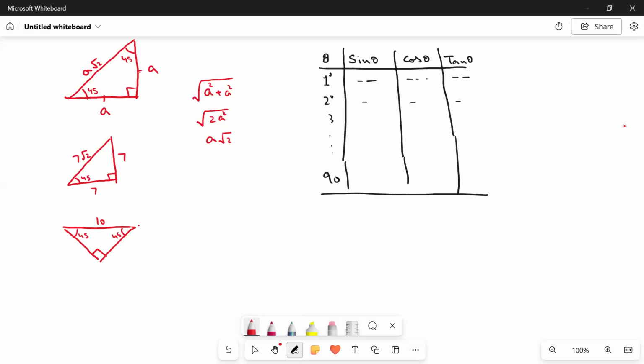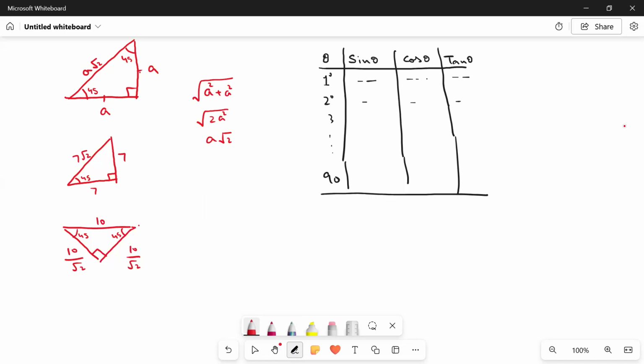I know that this side is equal to this side, but how much is this? You see the ratio between these two sides is under root 2. So if this is 10, this would be 10 divided by under root 2, because the hypotenuse is root 2 times larger. Similarly, this is also 10 divided by under root 2.